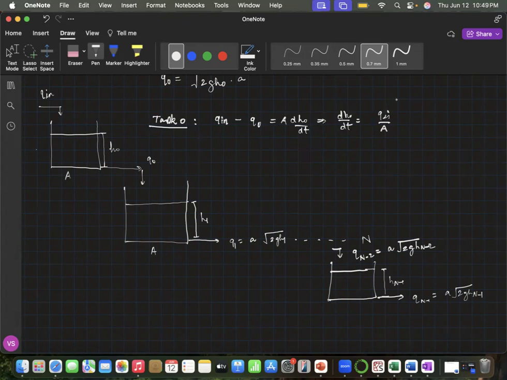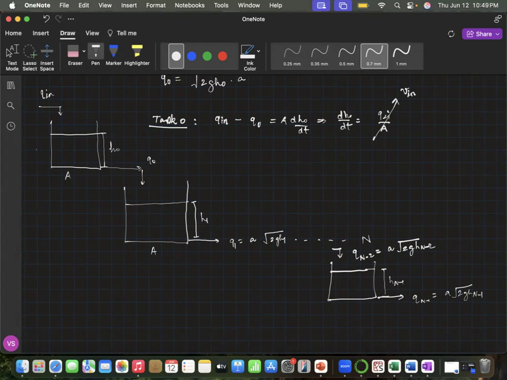Let's say that this is equal to some parameter with the same units as velocity. So let's call it v in, although that's not the same as velocity, but let's just say that's some parameter v in over here.